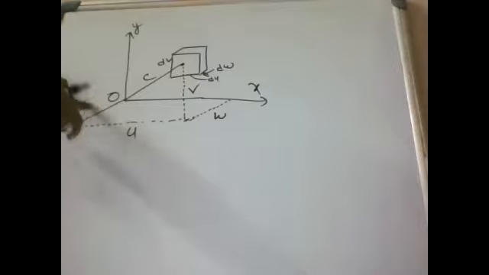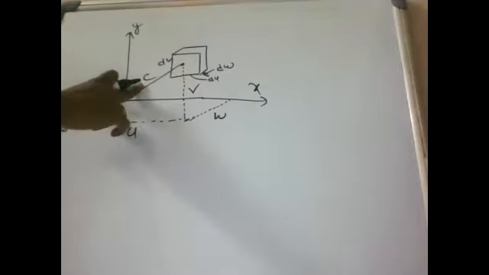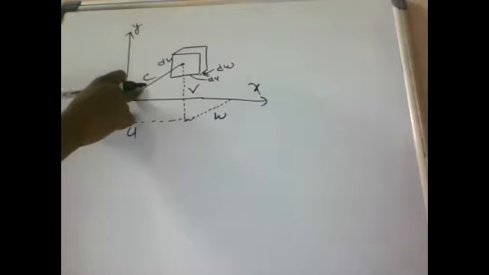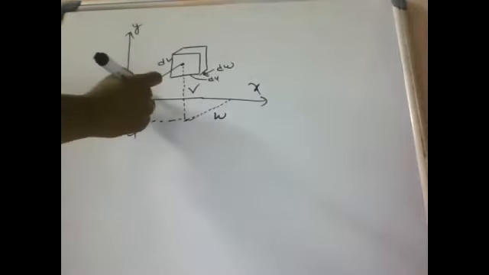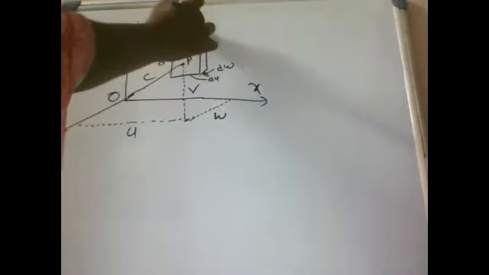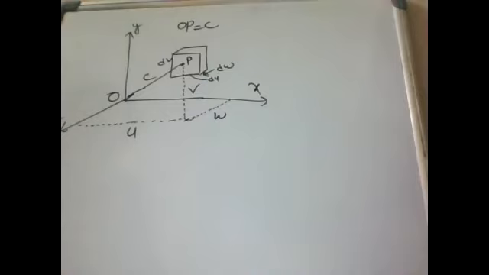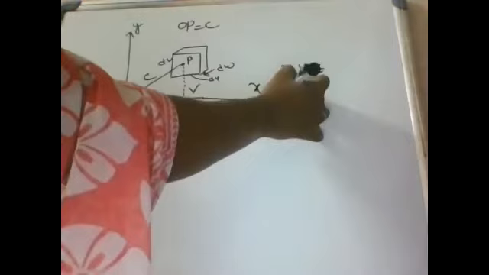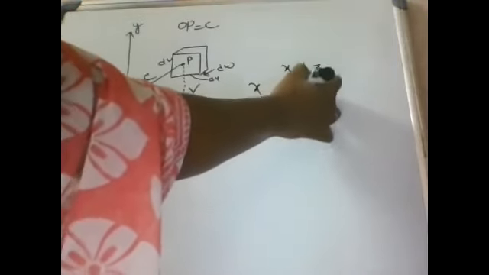Let us take a molecule having velocity c, represented by a vector OP. OP equals c. In the x, y, z directions, the velocities are u, v, w.